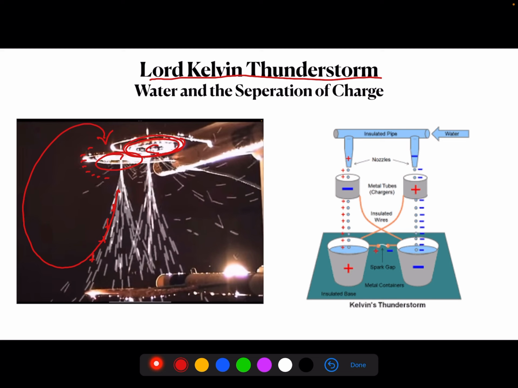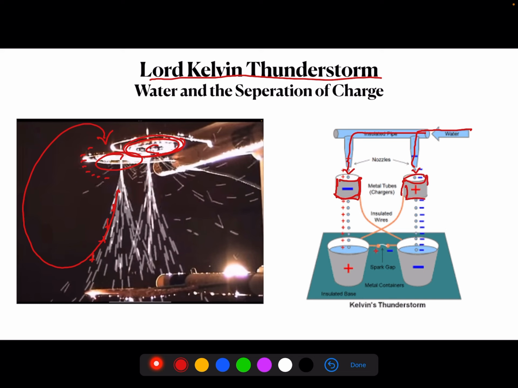So I'll just explain how this works really briefly. You have water that drips out from two nozzles here, and it drips through an electrically conducting tube, a coil, or just a sheath, a cylinder of copper, something like that.